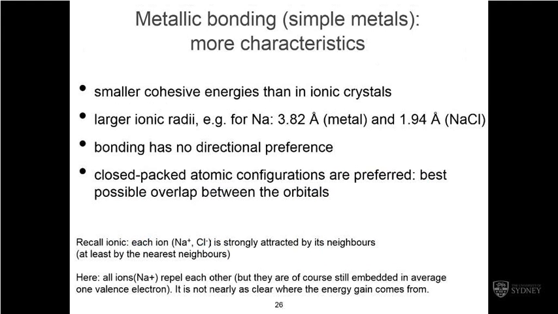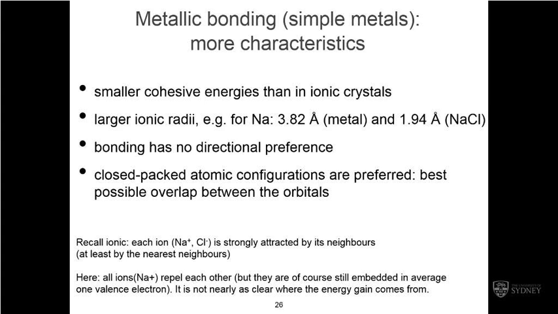What are some more characteristics of simple metal bonding? As I said before, the cohesive energies are smaller than those of ionic crystals and covalent crystals. There's a parameter called the ionic radius, a qualitative measure for each kind of element when it is in a particular solid.